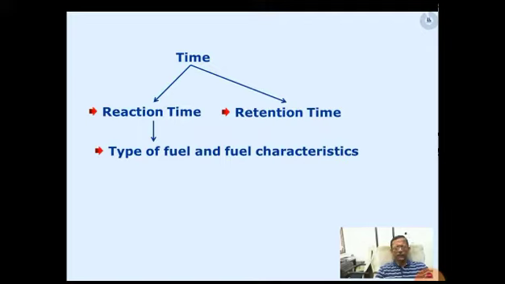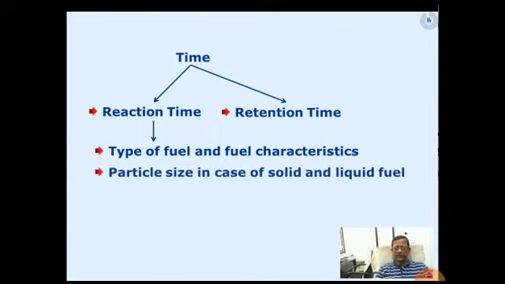Now if I talk about the fuel characteristics, then we have discussed that the solid fuel which has more volatile matter would require less time for combustion, right? Because high volatile fuels are reactive fuels and require less time for combustion. So that will depend on the fuel characteristics. The other thing, apart from the type of fuel and fuel characteristics, particularly in case of solid and liquid fuel, is the particle size.